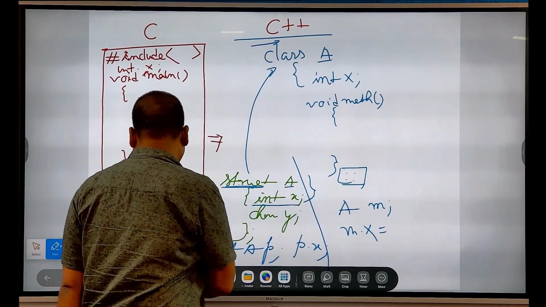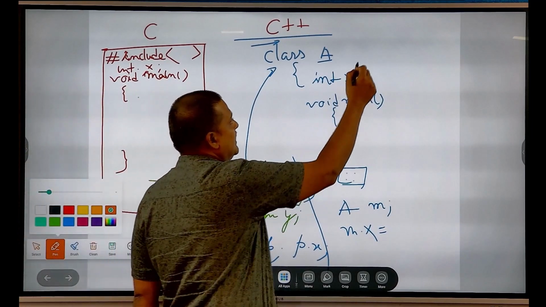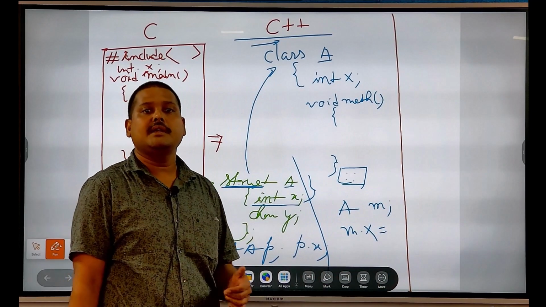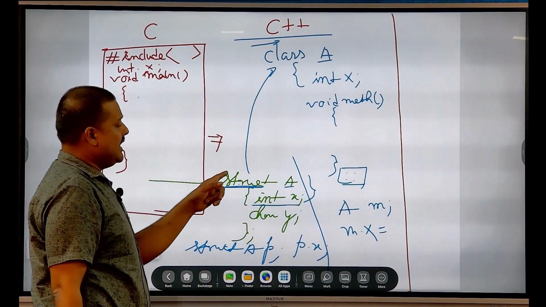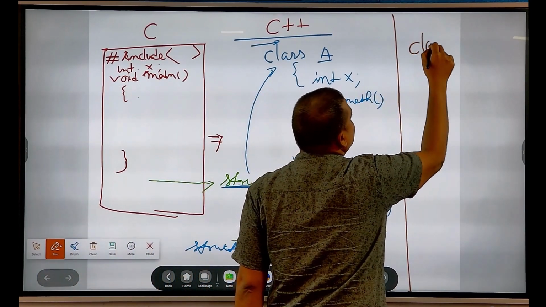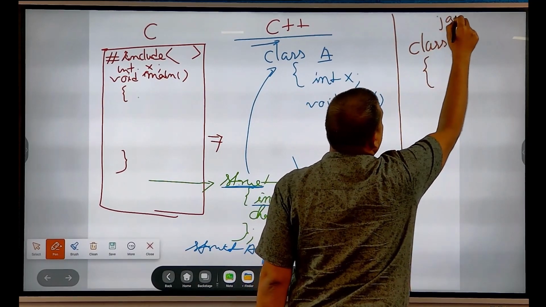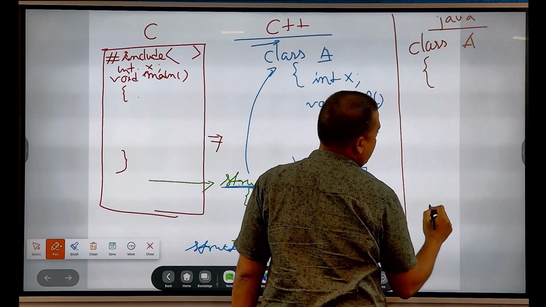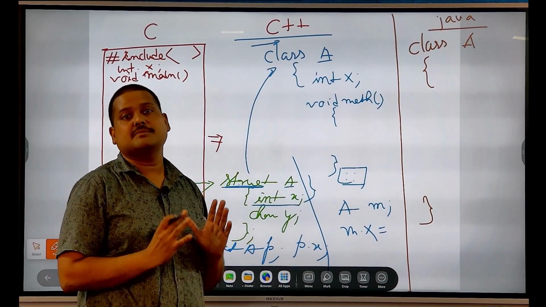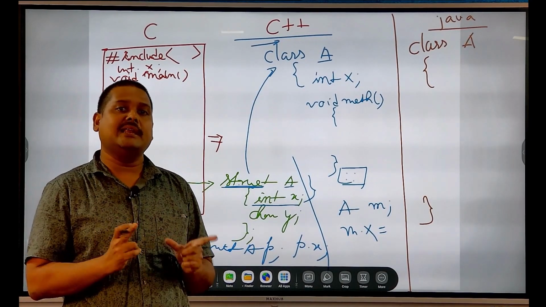Whenever we are talking about another language, that is Java, Java is a strict object oriented language. So, you can again compare, this structure name is again converted into another name, that is class. Here is also Java. Inside the class, everything must be there, that means they must be bounded within a single unit.